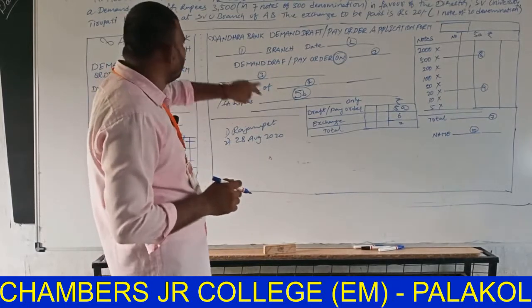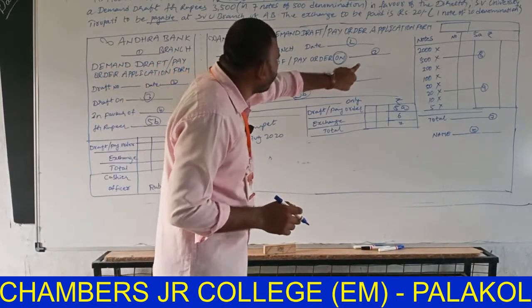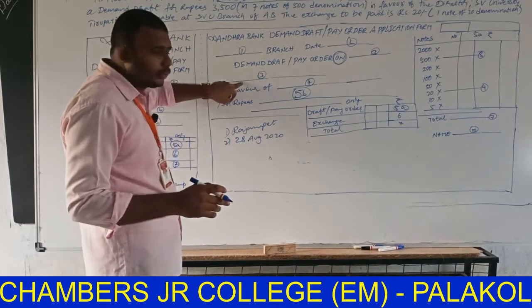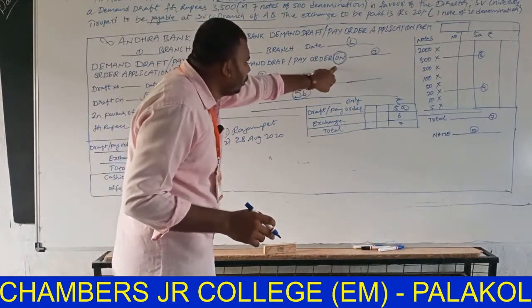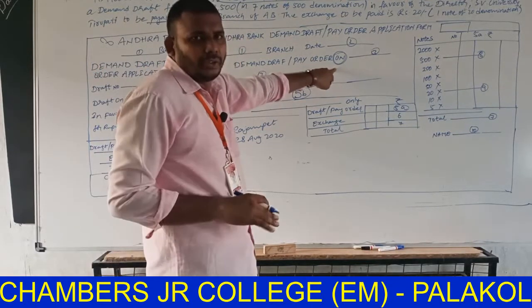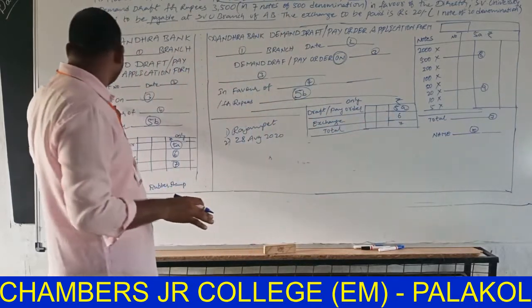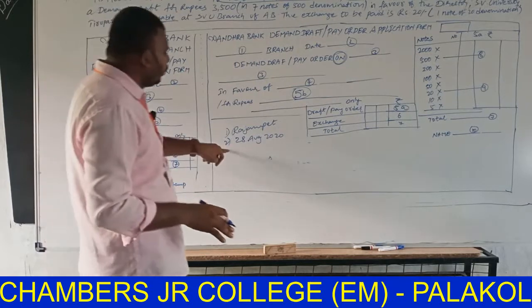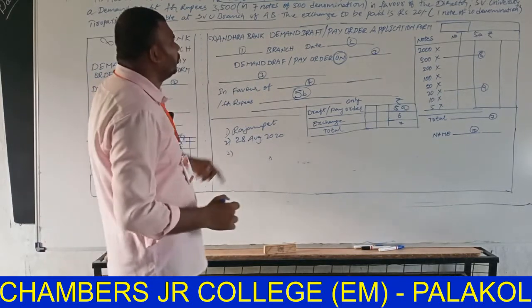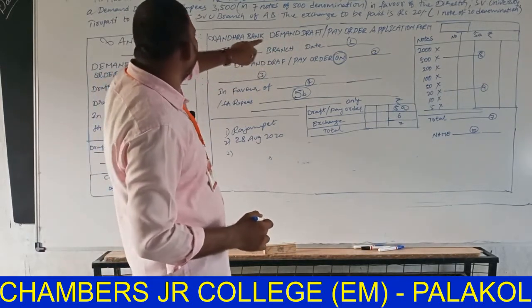The third one is given, demand draft on. I tell you this is very important. Here the column on indicates payable branch. Here payable branch is not given directly. The same number is given here, draft on. So here we need to write the payable branch. Where is the name of the branch payable? Here.